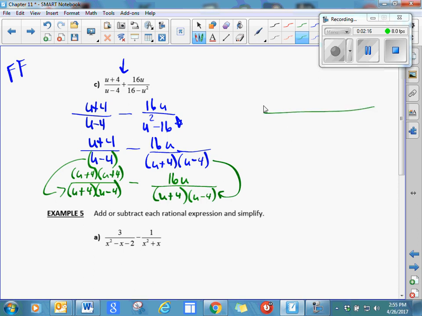So we do have a single fraction bar, which is good. U plus 4, u minus 4. I need to do this double distribution. And when I do that, I get u squared plus 8u plus 16. Am I doing this right?